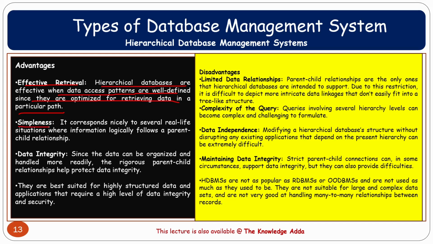Talking about simplicity, it corresponds nicely to several real-life situations where information logically follows a parent-child relationship. For data integrity, since the data can be organized and handled more readily, the rigorous parent-child relationship helps protect data integrity. They are best suited for highly structured data and applications that require a high level of data integrity and security. Now, talking about disadvantages.